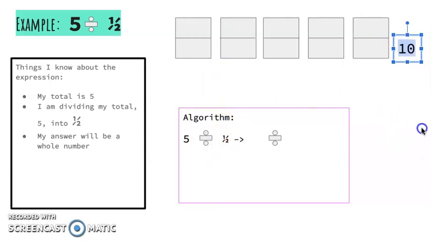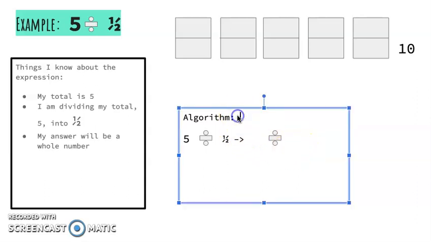Now we're going to use the algorithm in order to solve it as well. So my expression is 5 divided by 1/2. So before I even do anything, before I even follow my keep, change, and flip steps, I need to do something to this whole number. I need to turn it into a fraction.